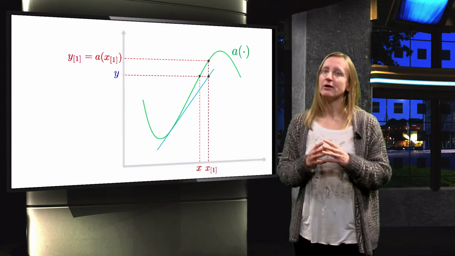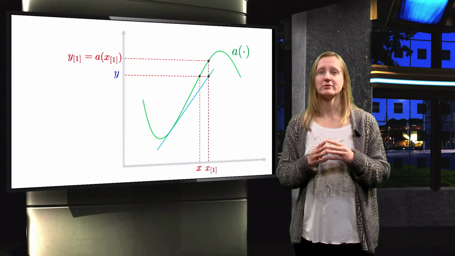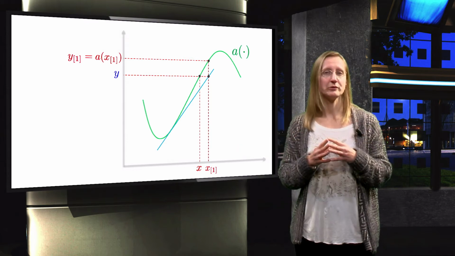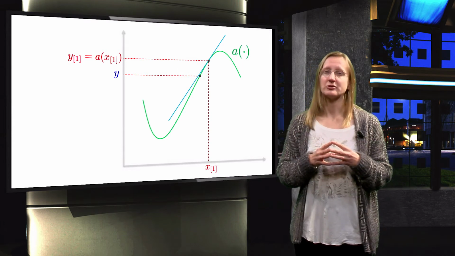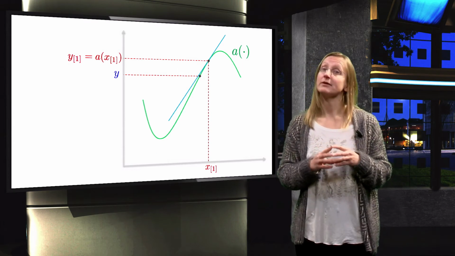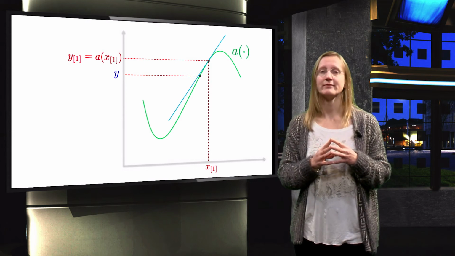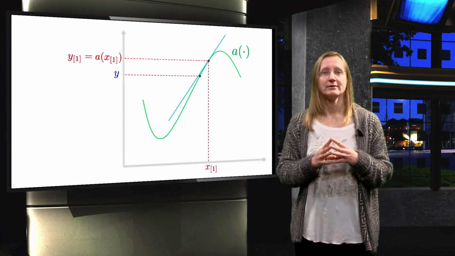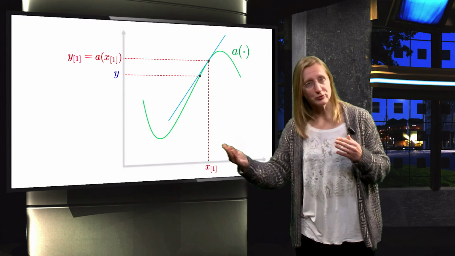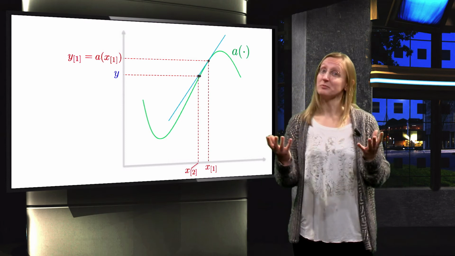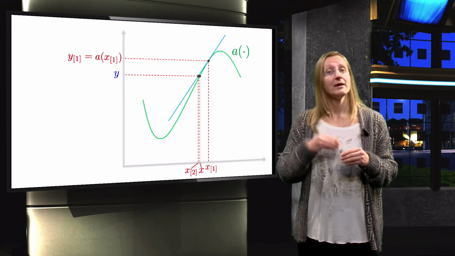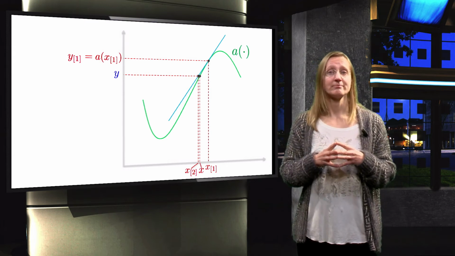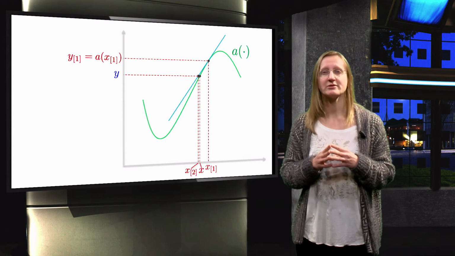And what we could do now is to repeat the whole procedure, but now with x1 as our new guess. Again, we approximate function a by a linear function, in this case the tangent line, at x1. This will then give us x2, which is indeed much closer to the true x. And this process can be continued. Hence, the procedure is as follows.